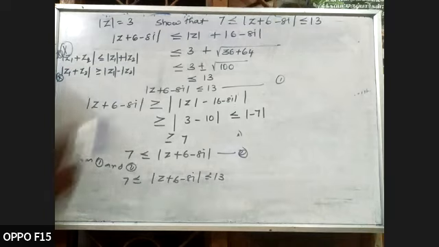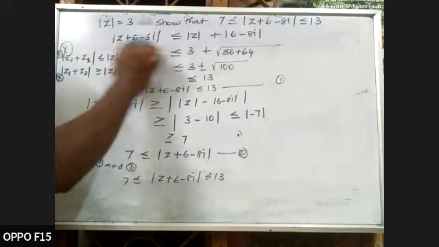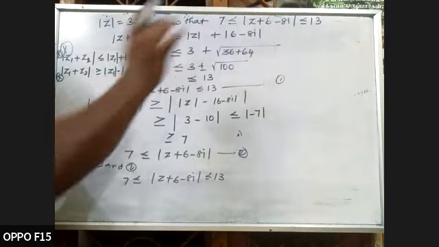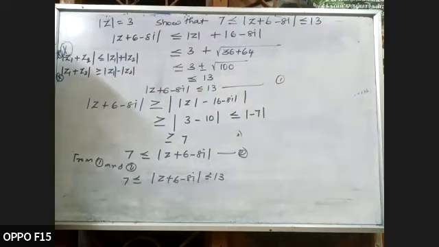So I split it into two complex numbers: modulus of z plus modulus of 6 minus 8i. The value of modulus of z is given as 3. Now we can find modulus of 6 minus 8i: square root of a square plus b square, 6 squared plus 8 squared is 36 plus 64, which is root of 100. Square root of 100 is 10, and 10 plus 3 is 13. Therefore, the answer is less than or equal to 13.